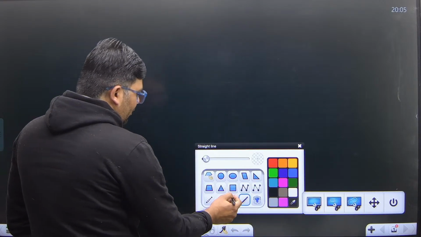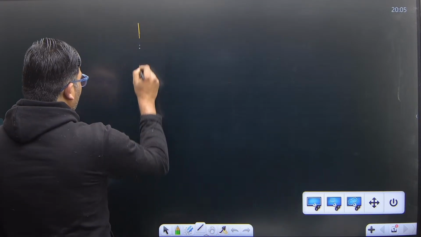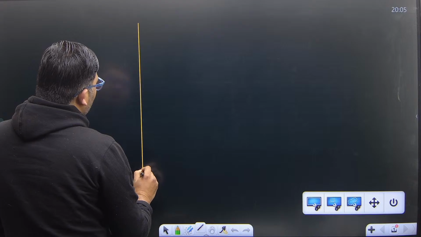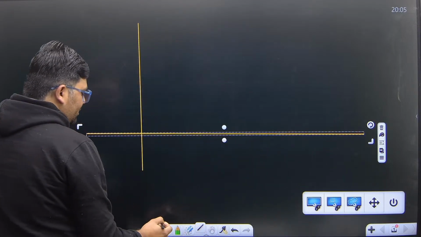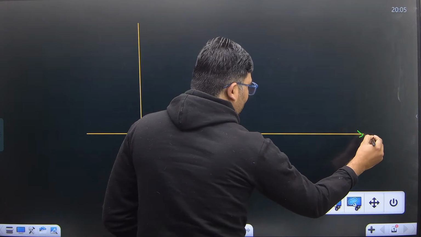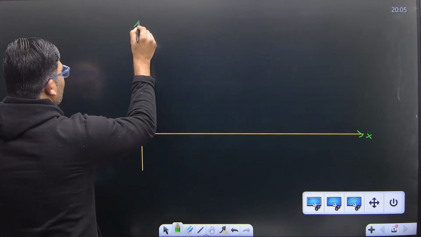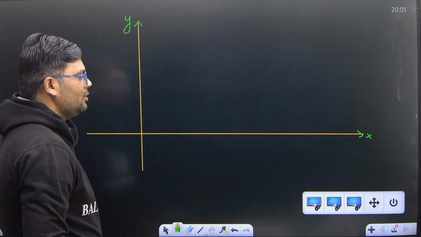So Akriti beta, first of all you should know how a graph is made. To make a graph we need two axes. One is the x-axis and one is the y-axis.